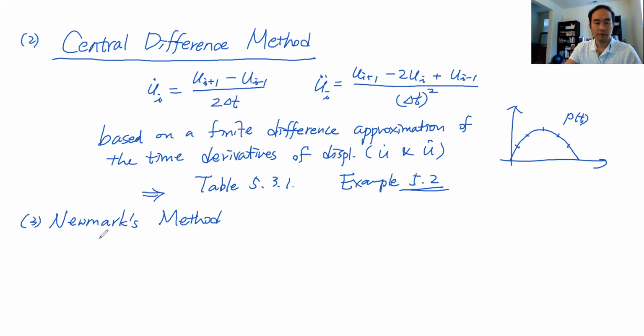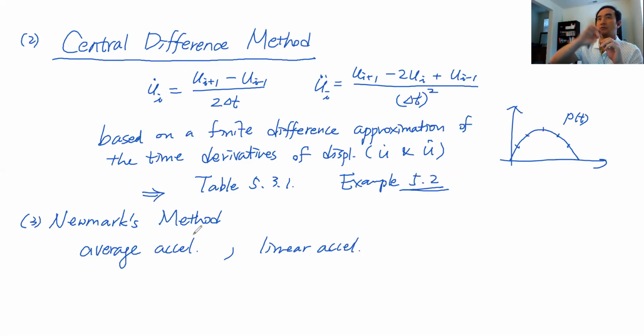One is the average acceleration method, and the second one is the linear acceleration method. If you go through the acceleration variation and just take the average value, that is called average acceleration, while if you apply linear interpolation between the time steps, that is called the linear acceleration method.